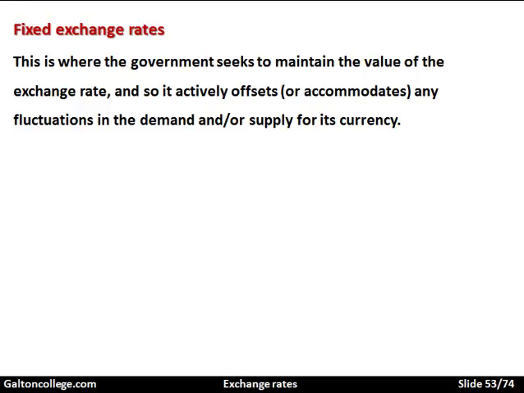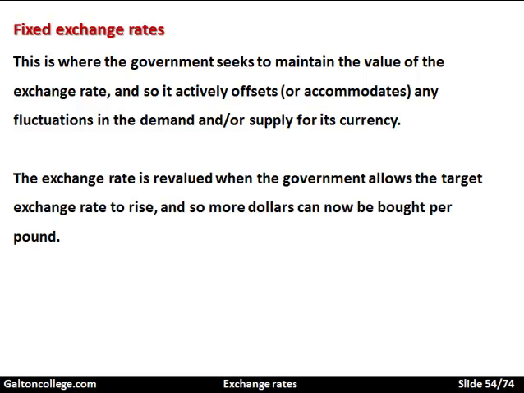So it does require a lot of reserves on the part of central banks to be able to maintain the fixed exchange rates. And that was part of the problem. Many central banks simply didn't have the reserves to be able to do this. So fixed exchange rates were seen as a way of promoting international trade.